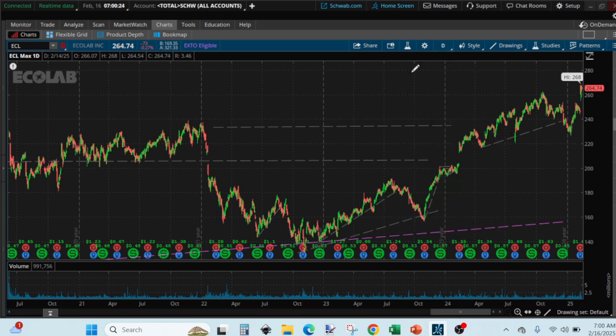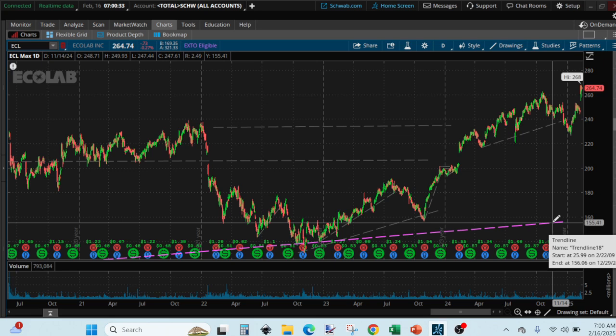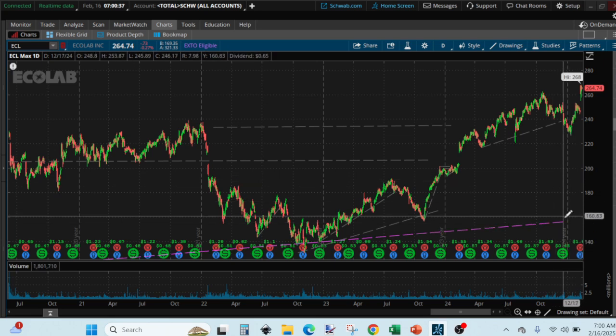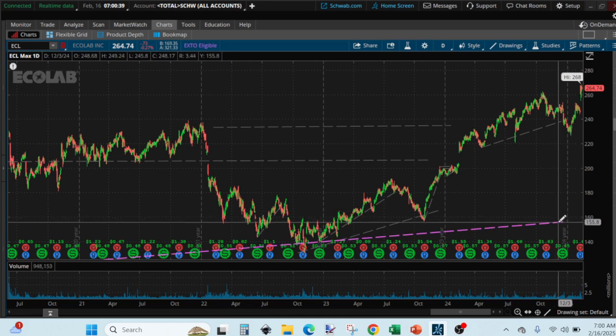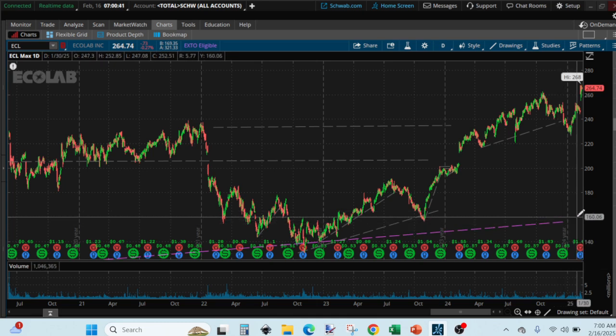We are going to use the maximum daily chart, and on ECL we have our purple line, which is our entry point. That is where we would like to buy. We like to wait for the stock to fall to that line, and when it starts going up from there, we will buy.